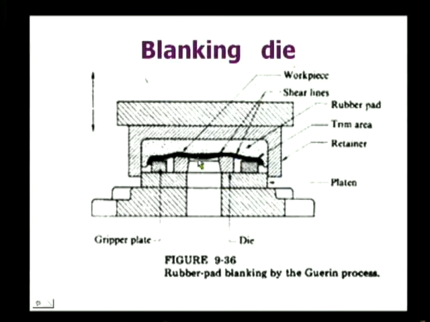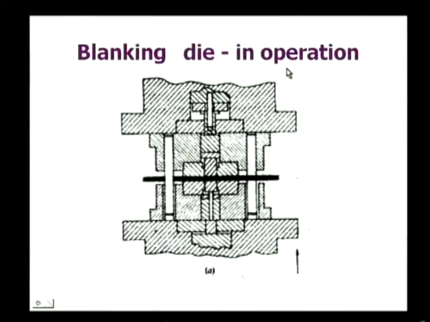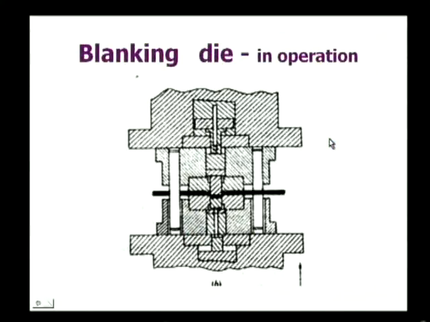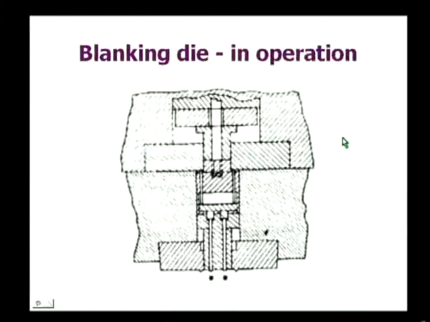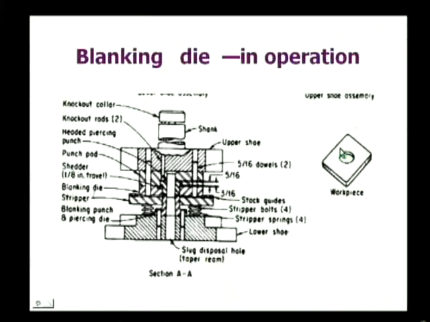Thus, the required shape can be formed by using these blanking dies. You can see the blanking die in operation, and this is another view of the blanking die. In blanking, even such a component or workpiece can be blanked out from the blanking die.